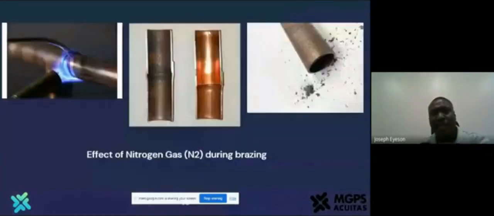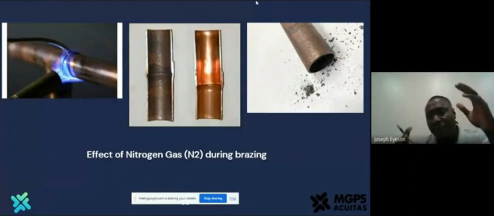So what you see is a typical effect of brazing when you don't use nitrogen. Without nitrogen, as I said, without an inert gas, when you do your brazing work, there's a possibility that your pipe will oxidize. You see the oxidation that has formed on the far top right, outside; the same oxidation will form inside, which is on the left of the middle portion.